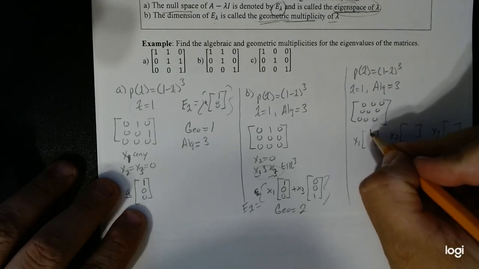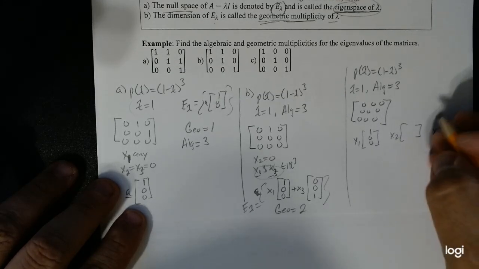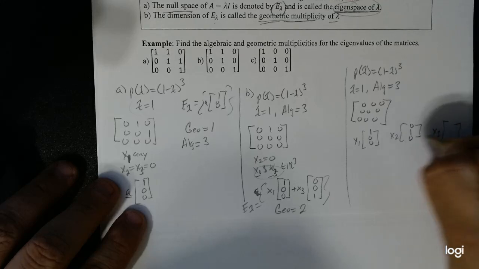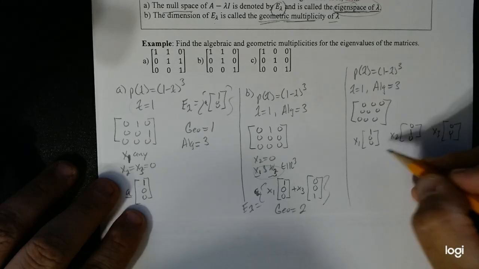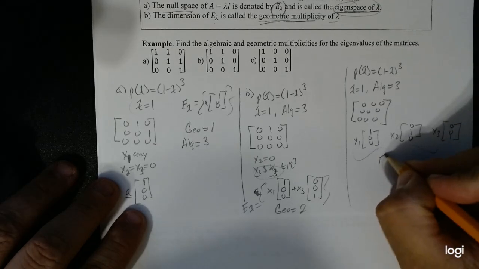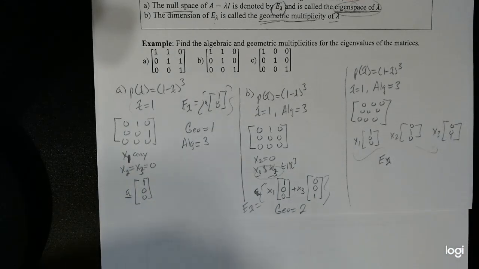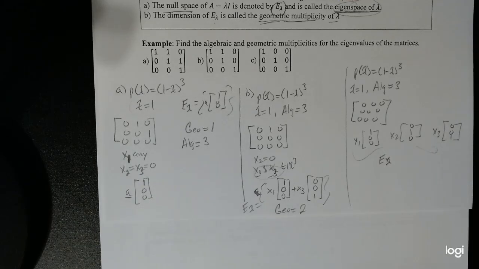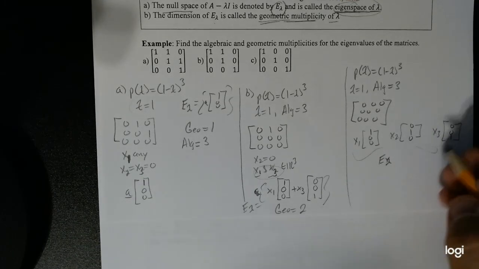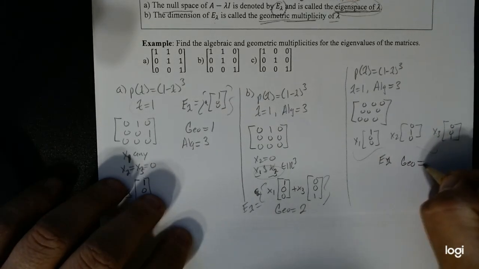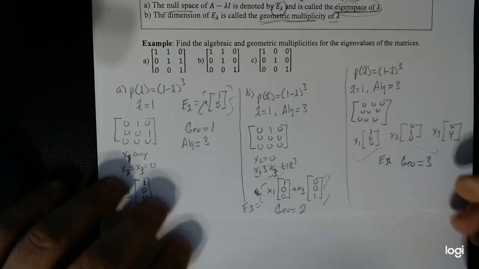Well, x1 must be 1, 0, 0, because the others go away. x2 must be 0, 1, 0, and x3 is 0, 0, 1. So this right here is the subspace, with geometric multiplier of 3.